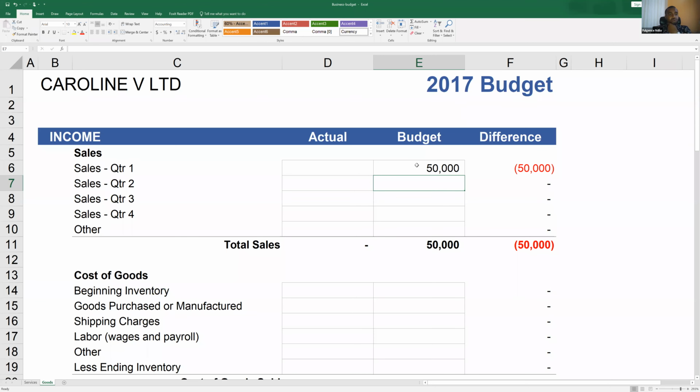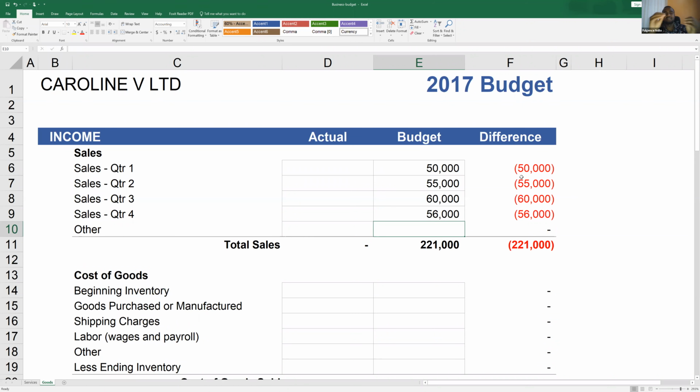Then in quarter two, we are going to increase our sales slightly to $55. Then in quarter three, we improve our sales slightly again to $60,000. And lastly, in quarter four, we are saying it's going to drop slightly to $56. So we have this kind of scenario, and we have others.